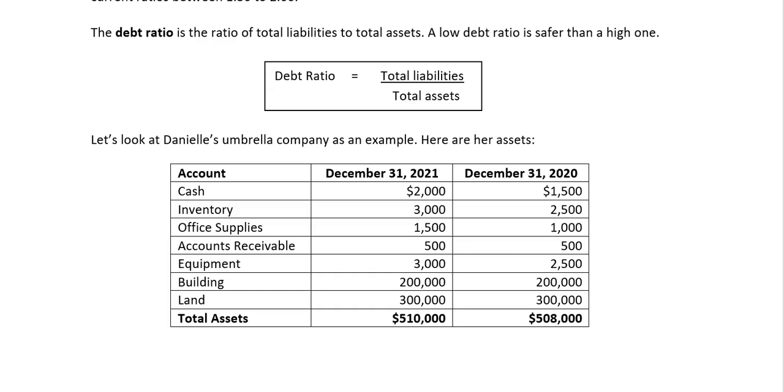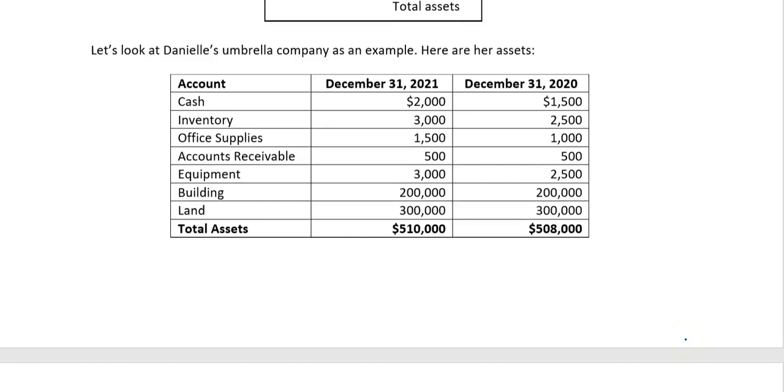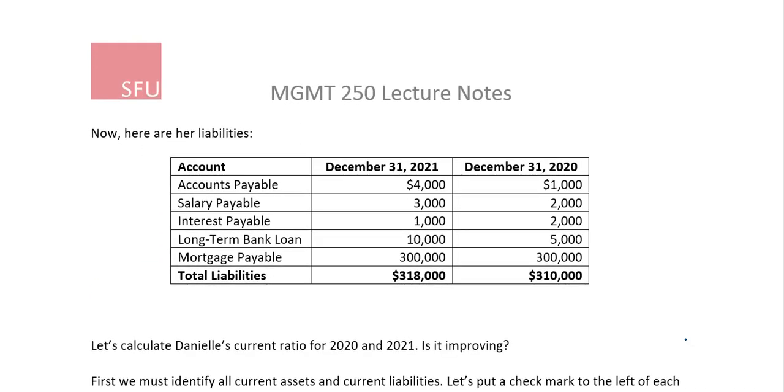2021 with 2020. And the way we're going to calculate the current ratio is first to identify anything that is a current asset in this table. Then down below we have a table of liabilities. And over here we will be identifying first and foremost what is a current liability.